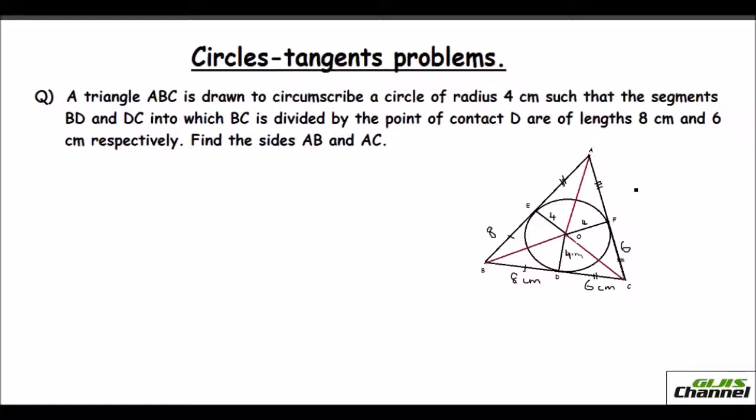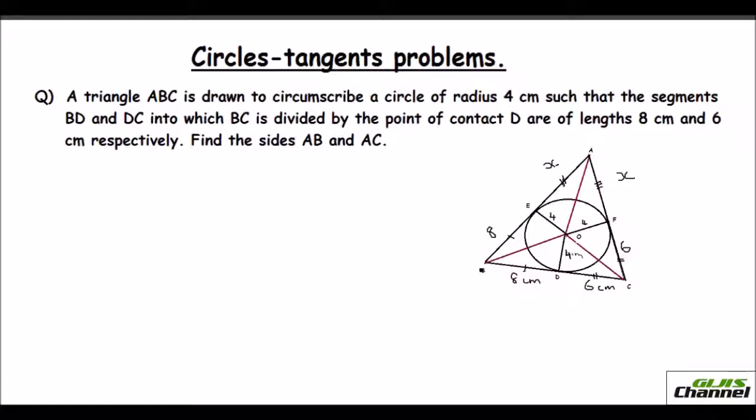Since we don't know the values, I just take it as X here, and here also let me take the unknown value as X. First you have to find out what X is. Only then you can know what AB is, because 8 plus X will give you AB and 6 plus X will give you AC. So first we need to find the value of X.